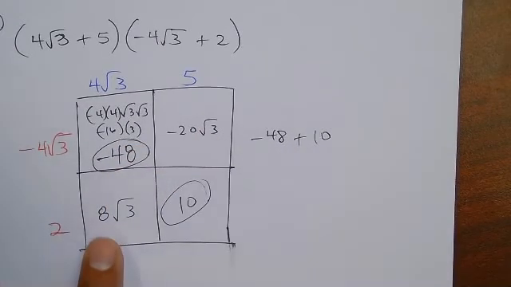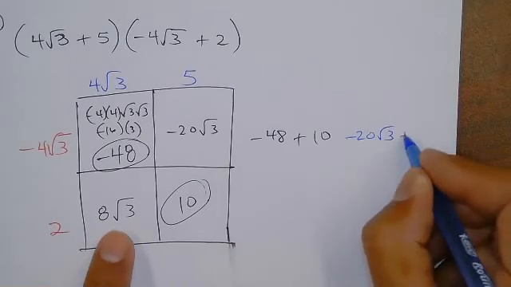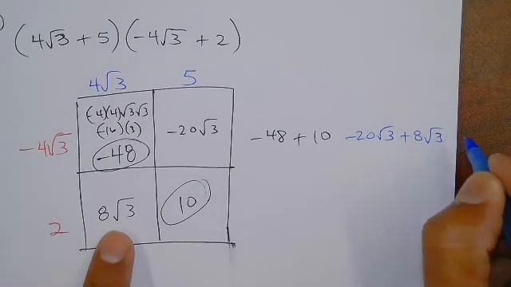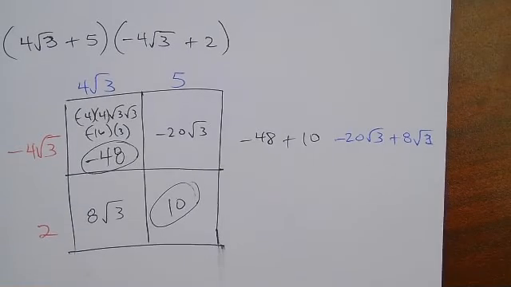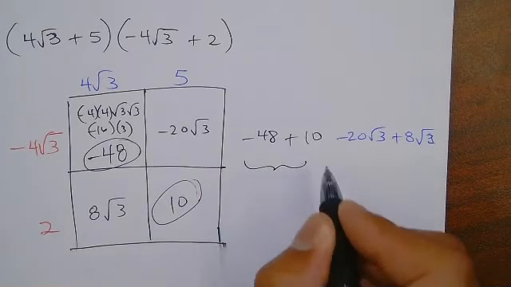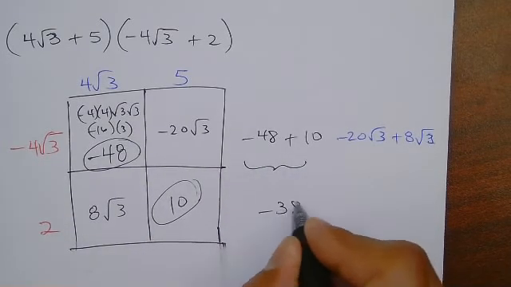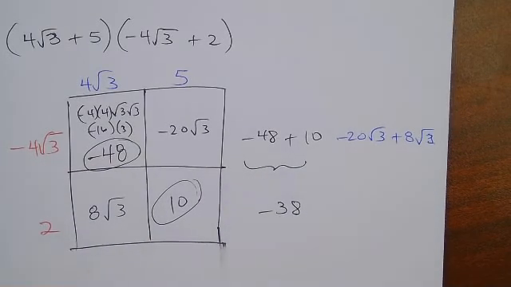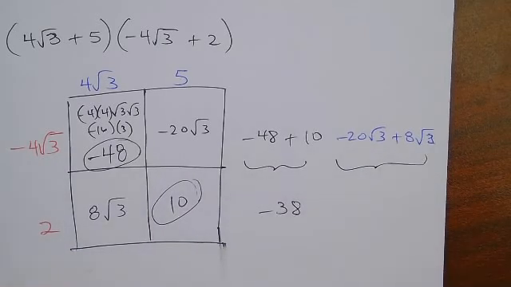Negative 48 plus 10. Those are like terms. And then the negative 20 root 3 and plus the 8 root 3. Is that right? What's going to be the final answer right here? Well, that's going to give you negative 38, no? Yeah?